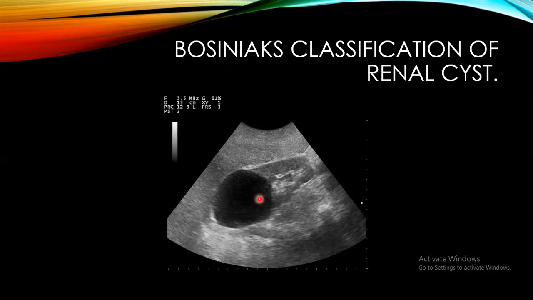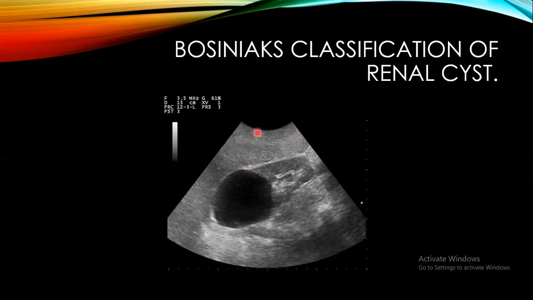We have to classify the renal cyst into four classifications according to the ultrasound picture or CT scan picture. And by this classification, he gave us a guideline for how to manage a simple renal cyst. So we will proceed to Bosniak classification.